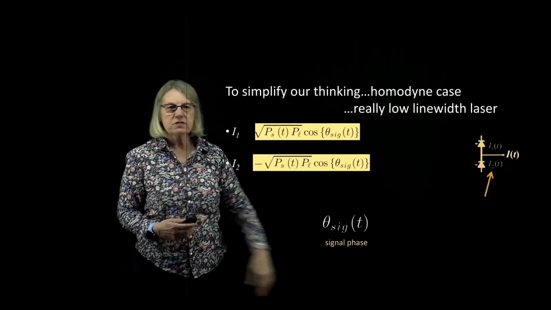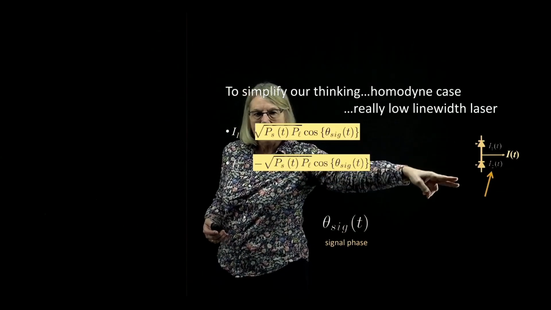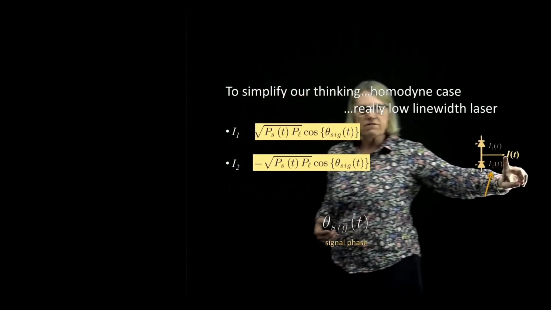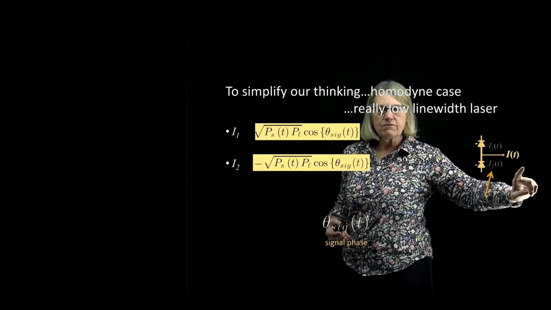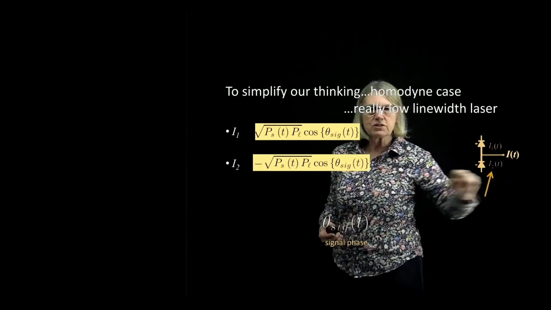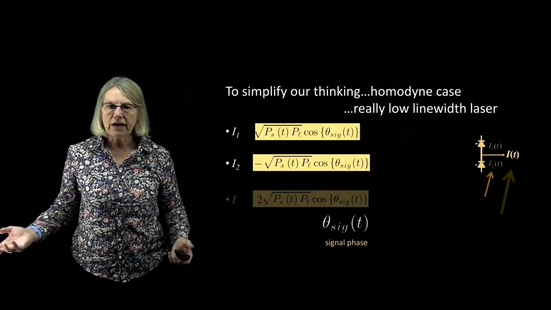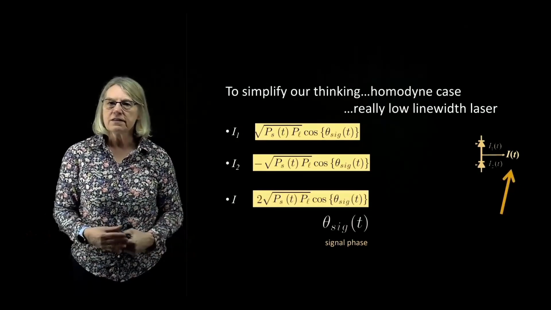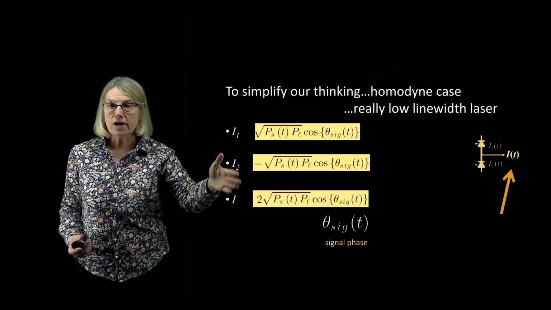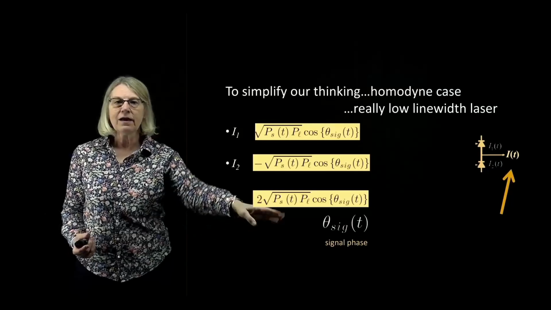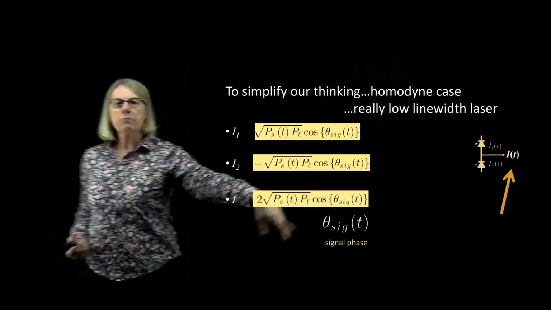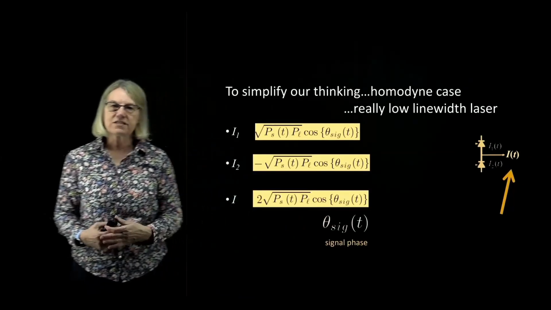So now I use the fact that I have this balanced photodiode where the final output photocurrent is proportional to the difference between I1 and I2. And so now when I form the difference, these two cross terms are going to combine, and I'm going to get something, again, proportional to the cosine of the signal phase.